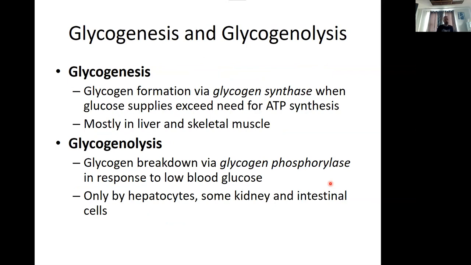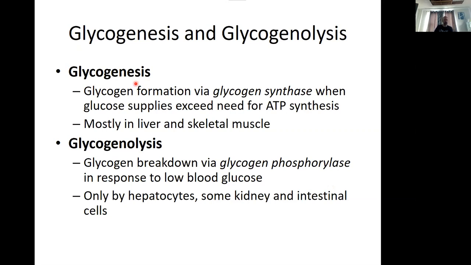We're going to do that by turning it into glycogen, which is just a bunch of glucose slapped together to form one larger molecule. The process by which we make glycogen from glucose is glycogenesis. When we do this, we take excess glucose, we turn it into glycogen, we store it in the liver, we store it in the muscles too, but mostly in the liver.